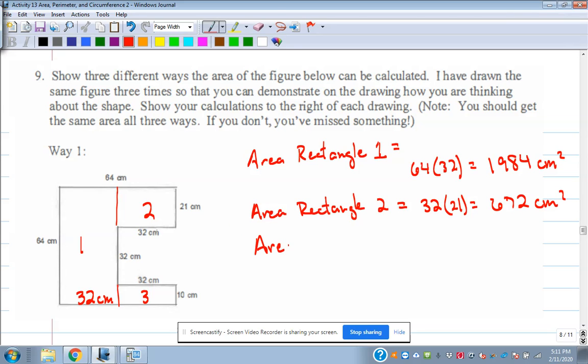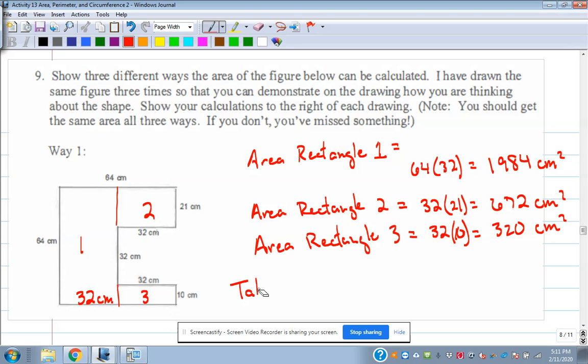And then last, let's get the area of rectangle 3. Yeah, 32 times 10. I can do that one. 320. And then the total area is add all those up.